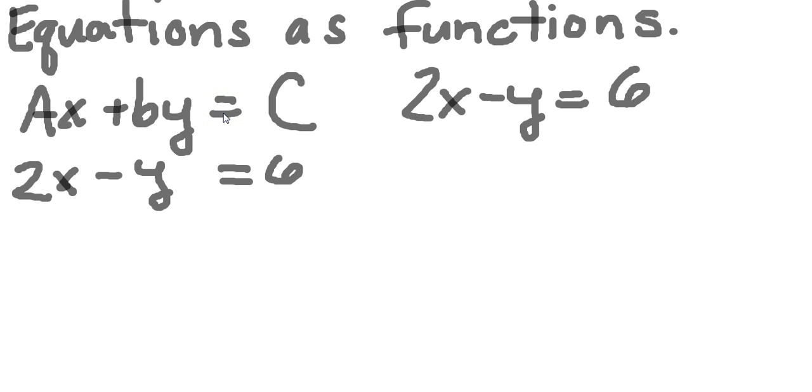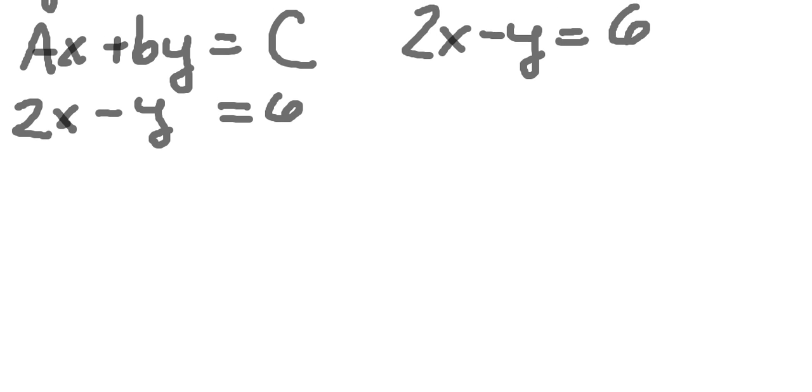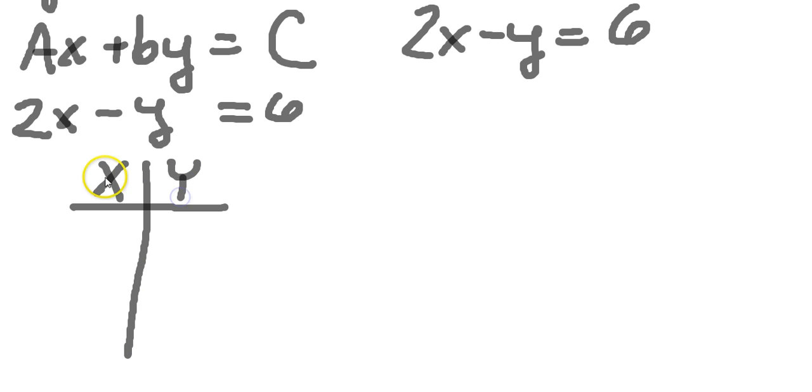Now how do we double check that? Well, let's plot this on a graph. And how do we plot this on a graph? Well, we make a table. We have x and y values, and we have this equation, 2x minus y equals 6. If we plug in a number for x, when we solve, we'll get the answer for y.